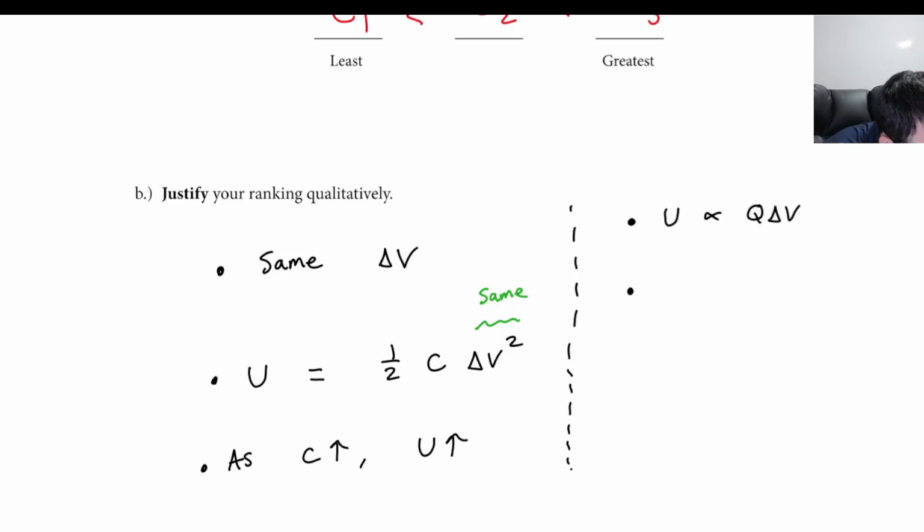So we said that delta V is the same at equilibrium.